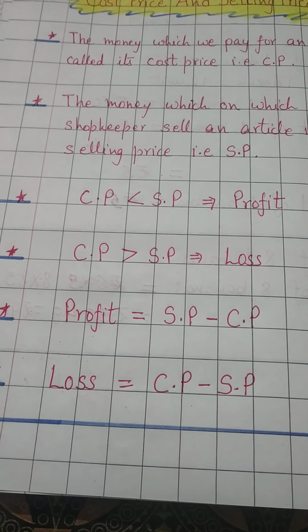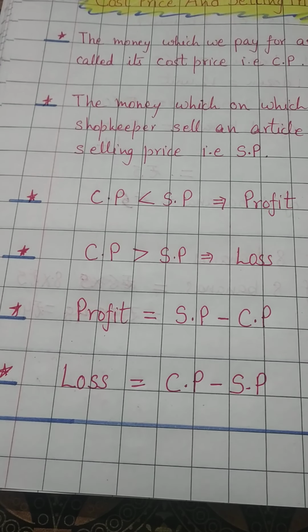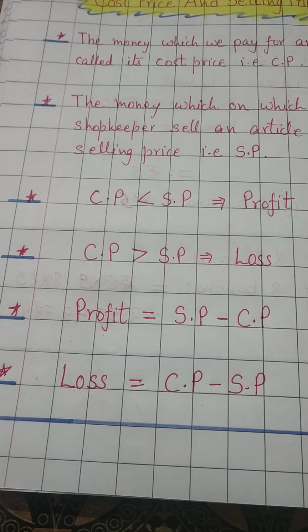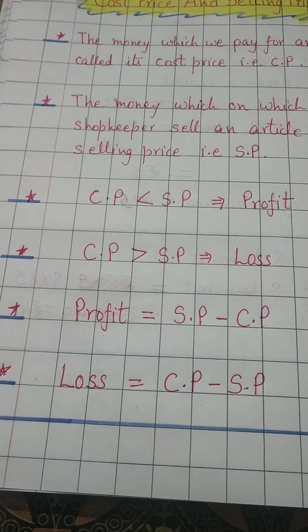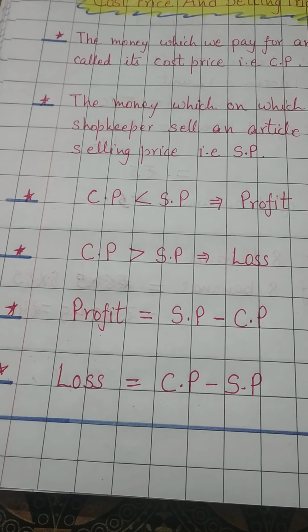Then the formula for profit: if you want to calculate profit, you will do selling price minus cost price, because in profit selling price is greater. And if you have to find loss, that means cost price minus selling price. Understood?